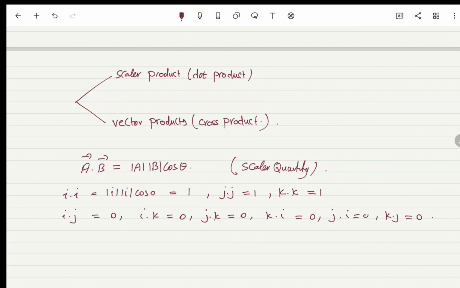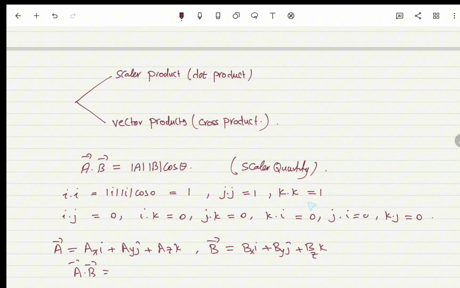So if we have two vectors, a, for instance, equal to axi plus ayj plus azk, and vector b equal to bxi plus byj plus bzk, and a dot b, in this case here, we should have 9 components, but out of 9, only 3 components having magnitudes, which is i with i, j with j, k with k, and the other 6 components give us zeros.